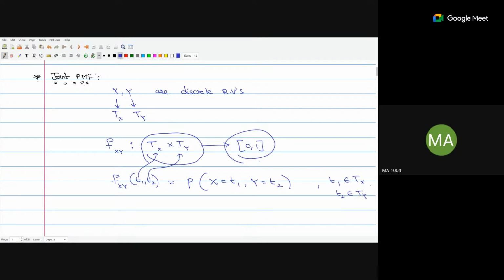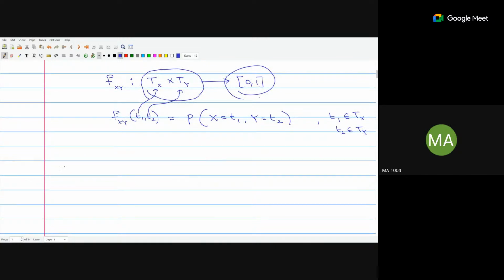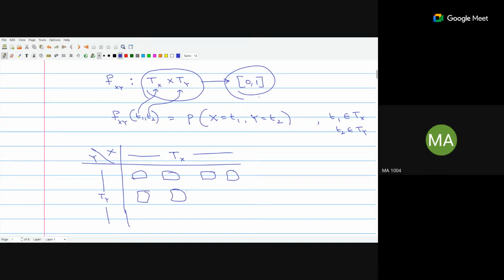Joint PMF is like combining the PMFs of X and Y and looking at the PMF jointly. It has some properties also. It is usually represented in a table form, where X and Y will be like this: this will be Tx and this will be Ty, and each entry of the table will be the corresponding probability.